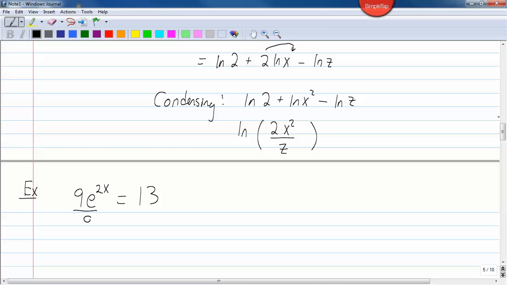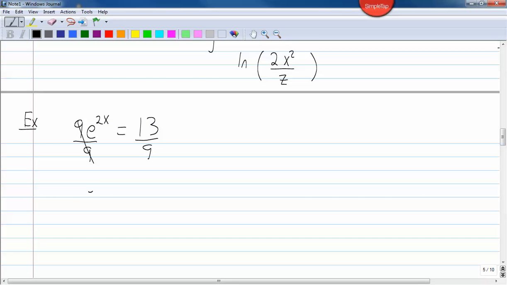And so I would divide both sides by 9. Alright, and so I have e to the 2x equals 13 over 9. Now, to get this 2x term by itself, what you can do is take the natural log of both sides of the equation. What you do to one side, you have to do to the other.